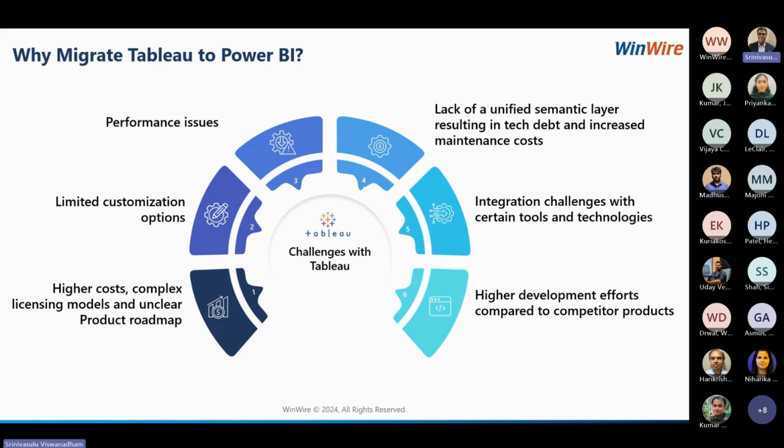There is nothing called a common data model available as part of Tableau. Now the next challenge we have seen is about integration challenges, right? The moment integration comes into the picture, how fast we can integrate, and what the tools and technologies are, that is also limited as part of Tableau.